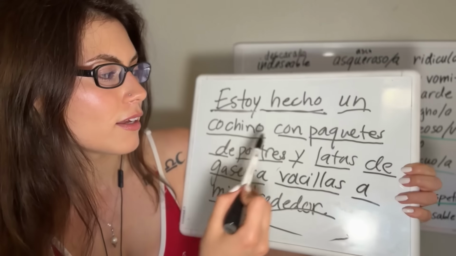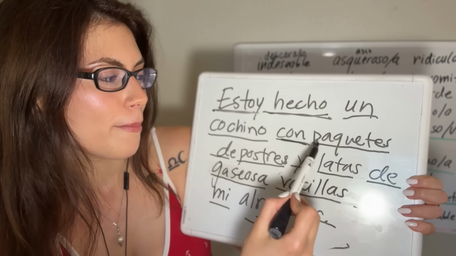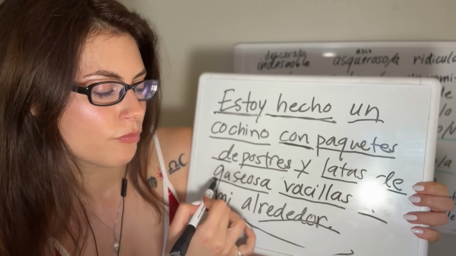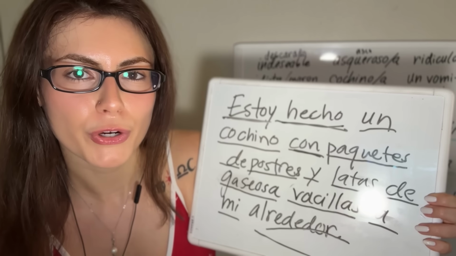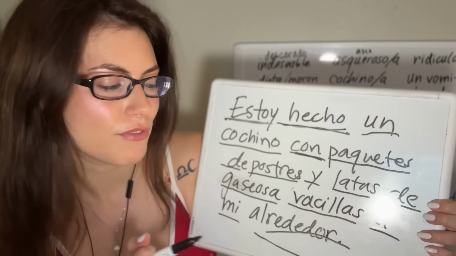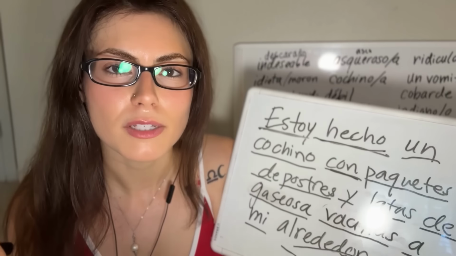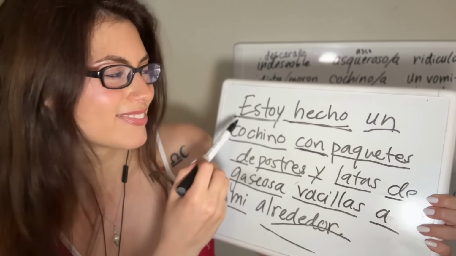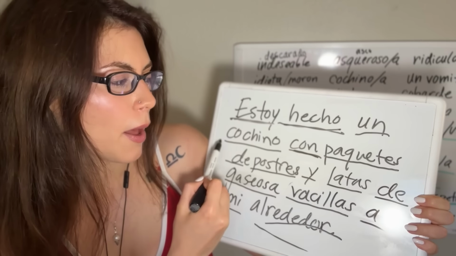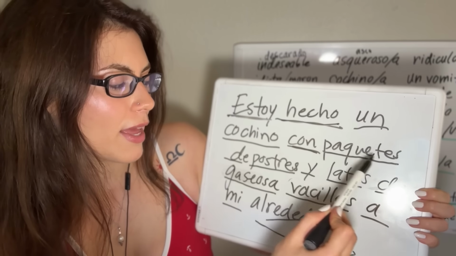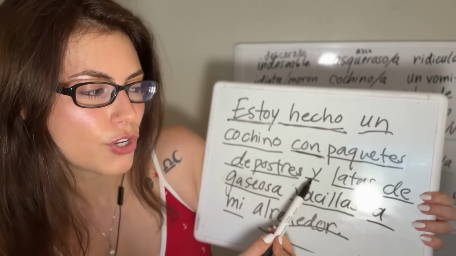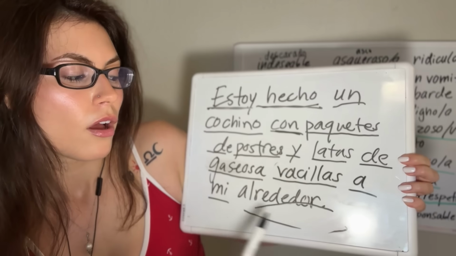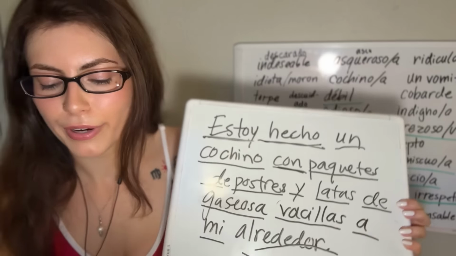A pig with packages of desserts and cans of soda, empty cans of soda, empty packages of desserts all around me. I'm laying in my bed. I've made myself out to be a pig with empty packages of desserts, empty cans of soda all around me.